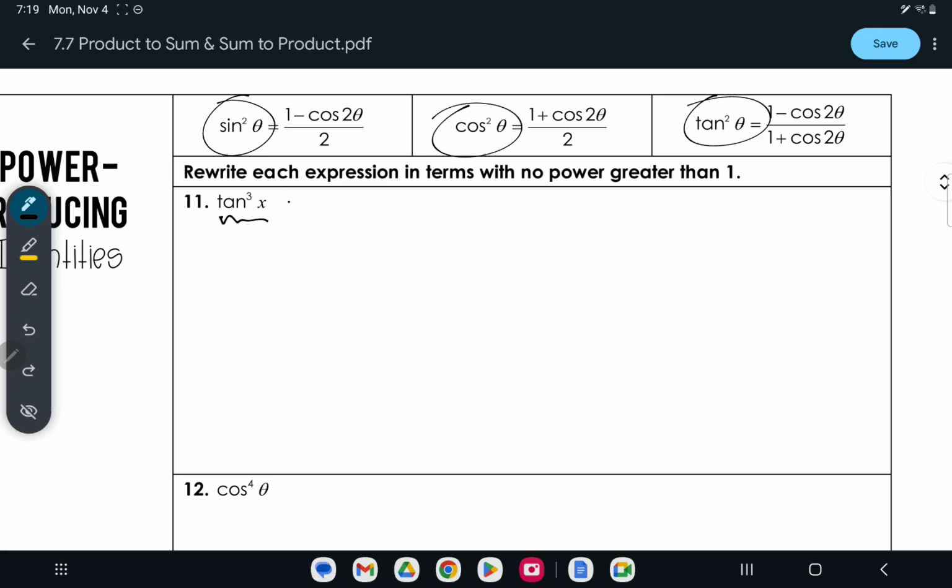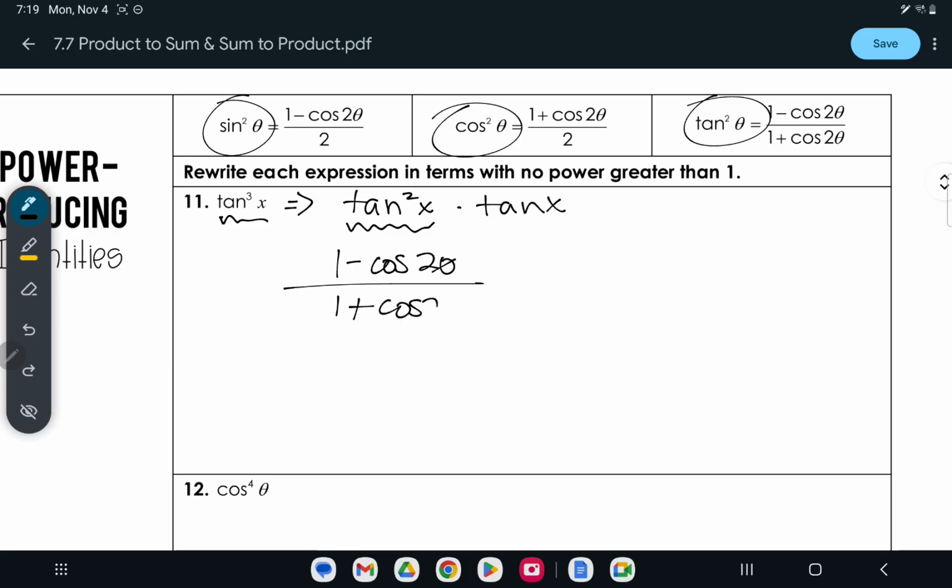So I could say that that is really tangent squared x times tangent x. Well, tangent squared, we just want to throw in here. So 1 minus cosine 2 theta over 1 plus cosine 2 theta times tangent x, which we can just change our thetas to be x's because that's just a variable and we are in x as our variable.